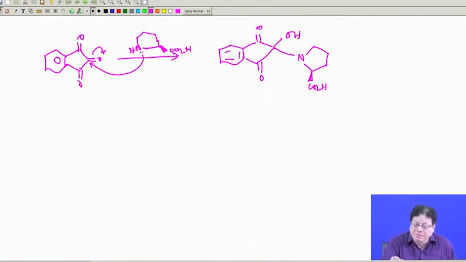Now, what will happen? This nitrogen will utilize its lone pair and remove the OH as water. It takes up hydrogen from water.